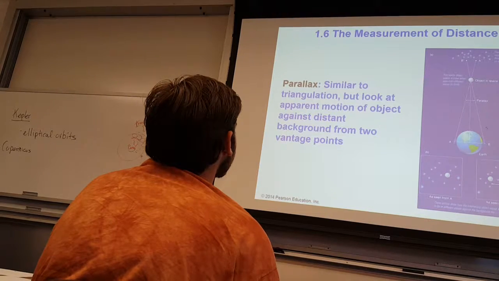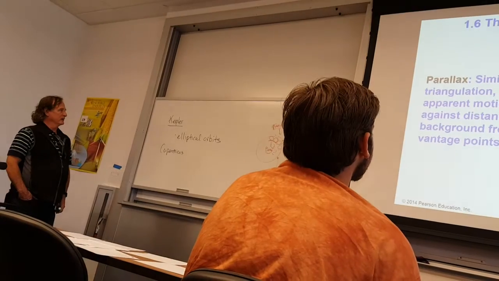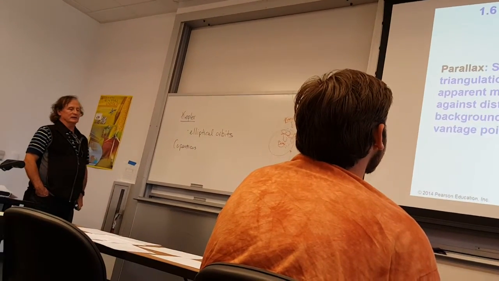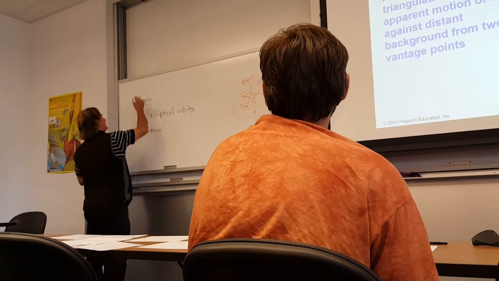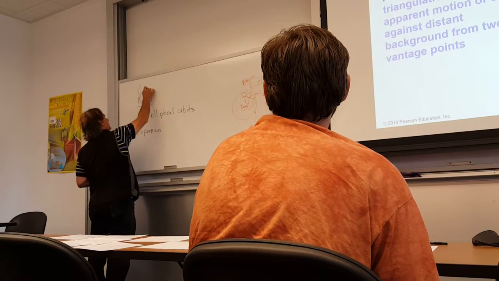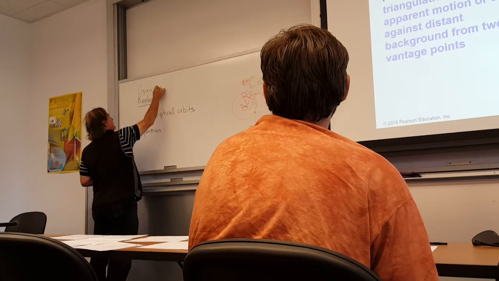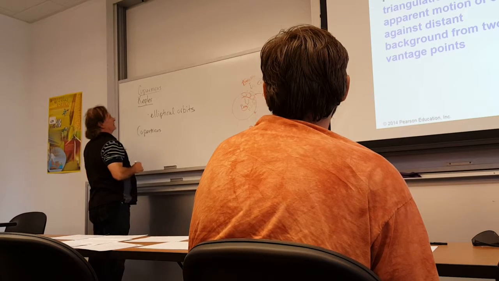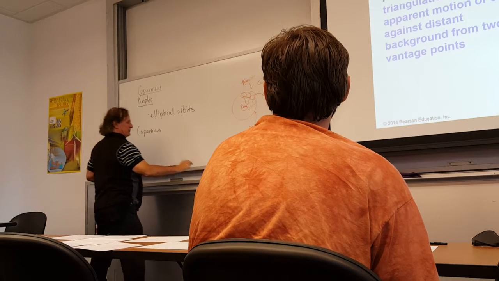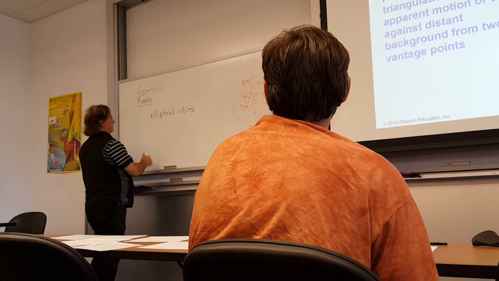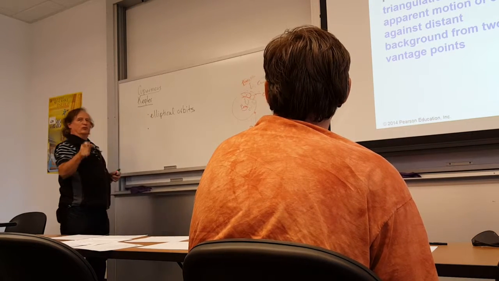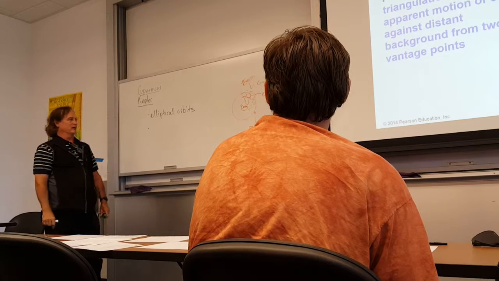Kepler came up with the ideas about planetary motion based on the model of Copernicus. He said there were elliptical orbits, and he also said things about how fast planets go around compared to how far they are.